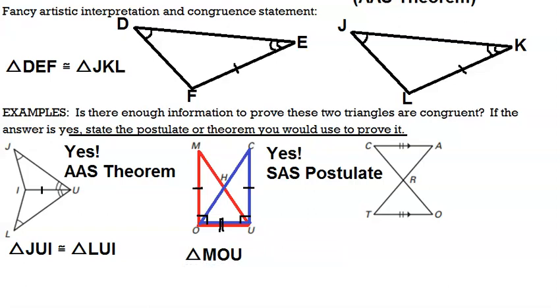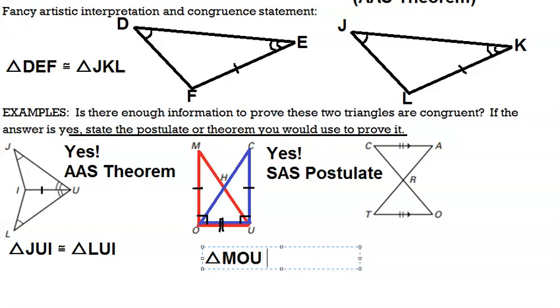So what we have here, we're going to have triangle MOU, and again, it doesn't actually matter what you call it. I personally chose MOU. You could have gone MUO. It doesn't really matter.